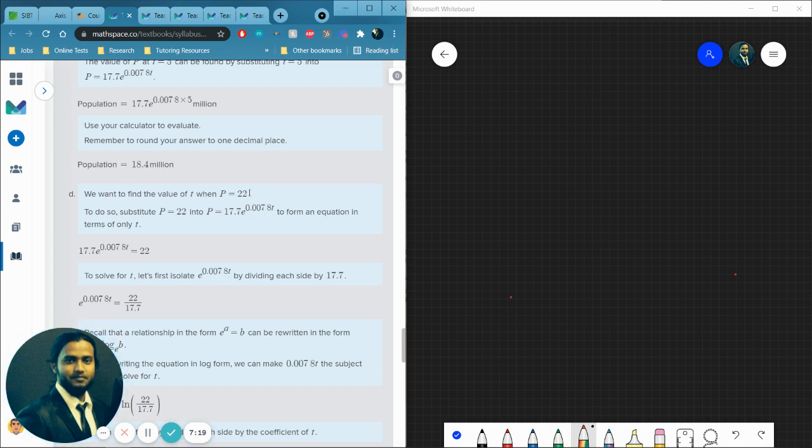Simply using our logarithmic skills we can find out our t, remember? So P equals P naught e to the power kt. We have everything: this is 22 million, this is 17.7 million, e to the power 0.0078t. So the only thing unknown is t.